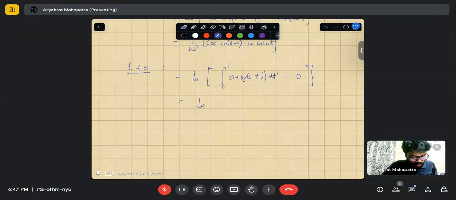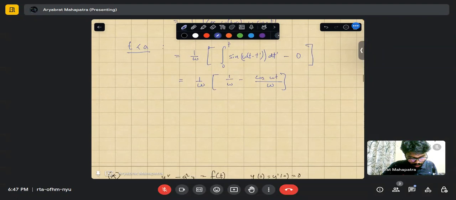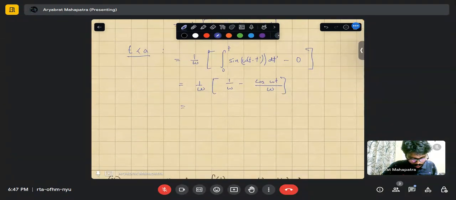When you integrate this, you again get something of the form cos omega t by omega. You just integrate and use the limits, and here you get 1 over omega square times (1 minus cos omega t).